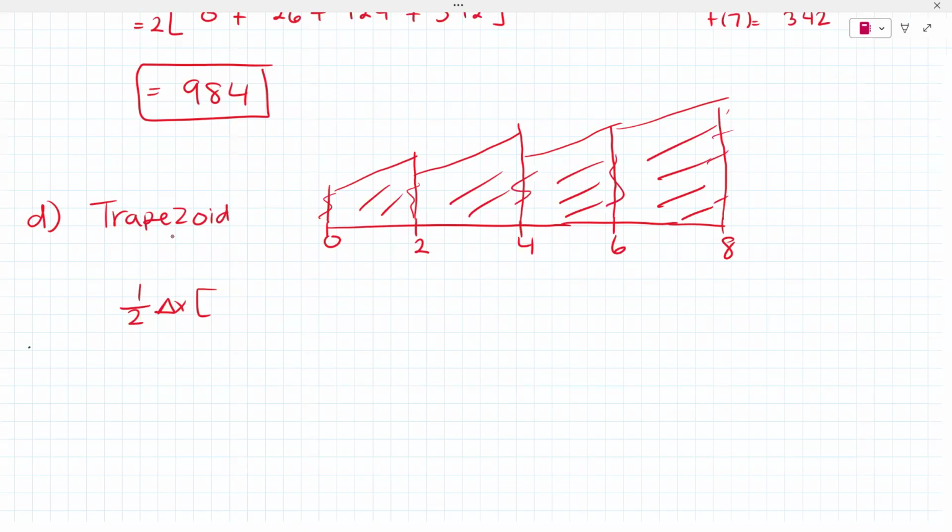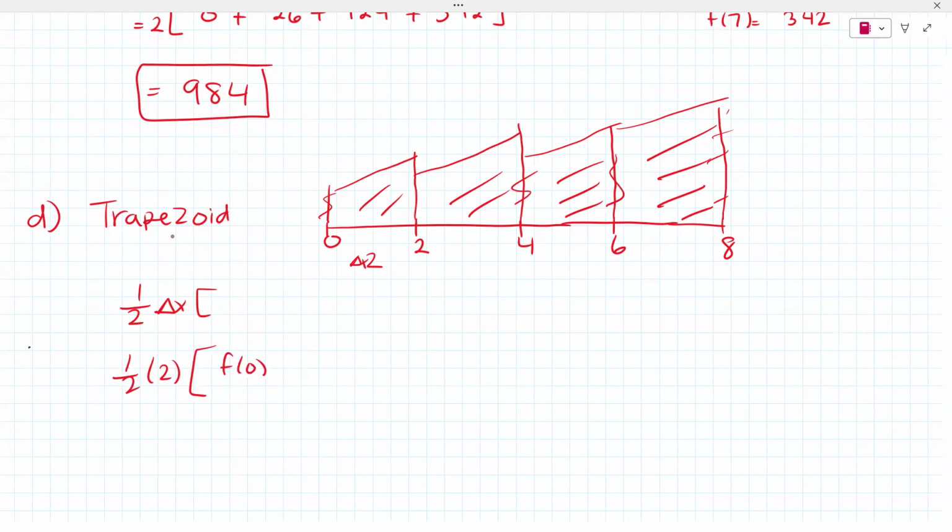So they both have a delta x of 2, right? From 0 to 2 is 2, from 2 to 4 is 2. So we could factor out a 1/2 and a 2, right? Because they all have a 1/2 and a 2. And then let's just find our height. So let's find f of 0, right?